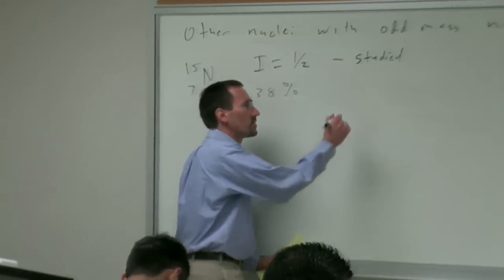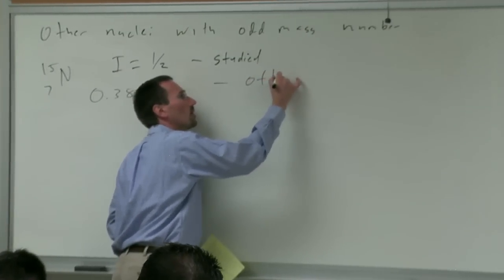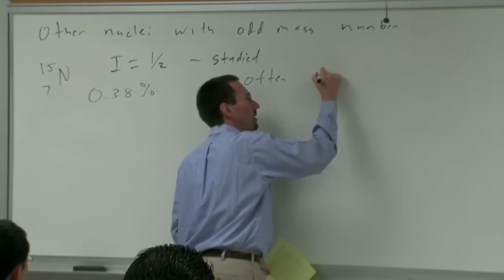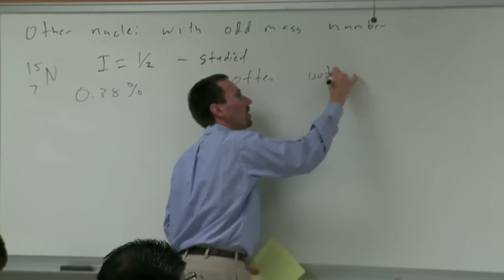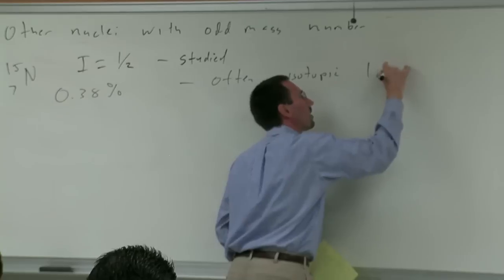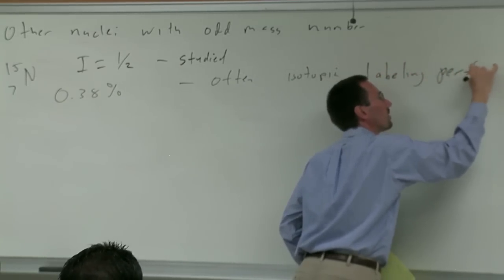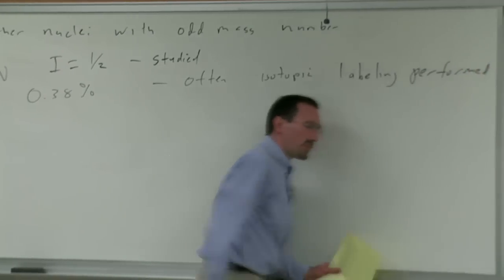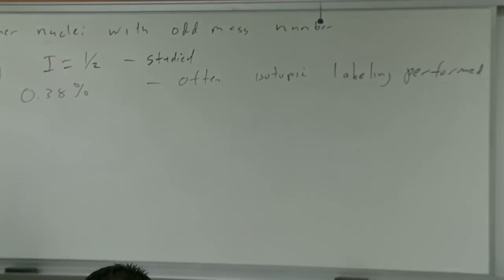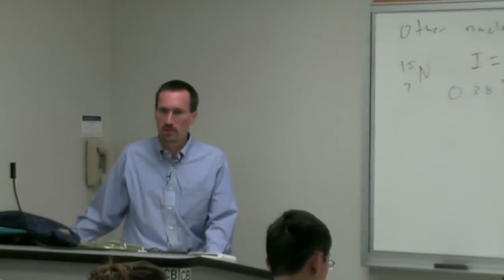And so often you do this with isotopic labeling. Two-dimensional N15-based techniques are a mainstay of protein NMR spectroscopy.